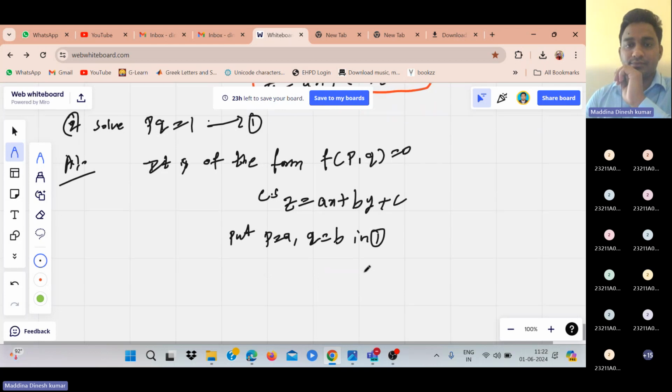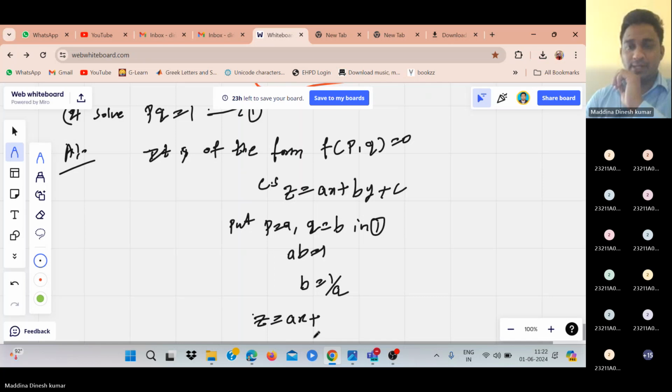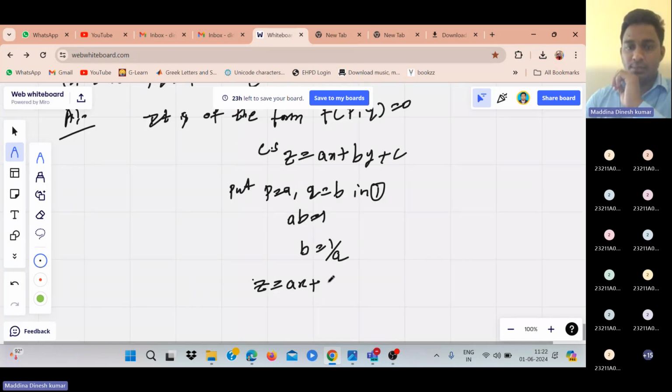That is ab equal to 1, so b equal to 1 by a. Therefore z will become z equal to ax plus (1 by a) y plus c. That's it. It is the required solution.